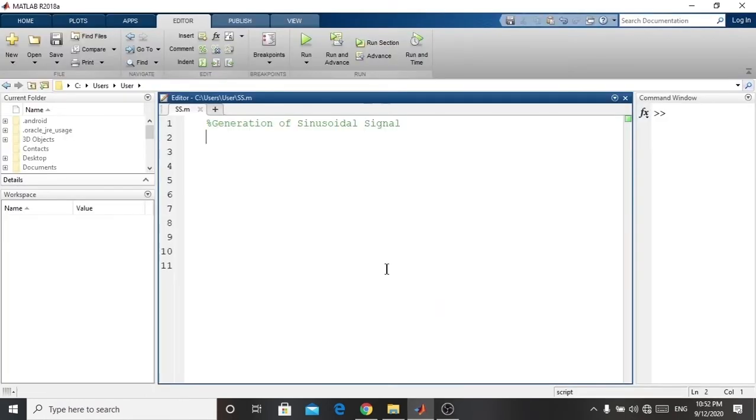Next, let's produce the sinusoidal signal in continuous time domain. The generation of sinusoidal signal in continuous time domain is similar to that in a discrete time domain. But the difference is that here the spacing of the x-axis is to be reduced, and you want to use plot command instead of stem command.